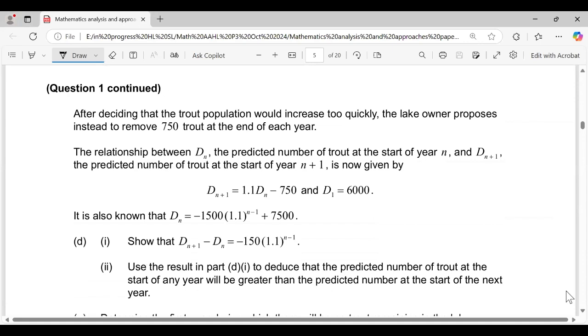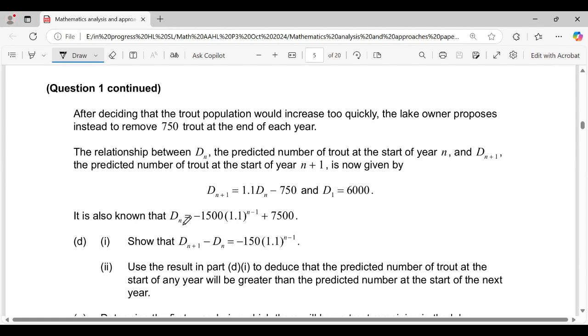Next question. After deciding that the trout population would increase too quickly, the lake owner proposes instead to remove 750 trout at the end of each year. The relationship between Tn, the predicted number of trout at the start of year n, and Tn plus 1, is now given by Tn plus 1 equals 1.1 Tn minus 750, and T1 equals 6,000.